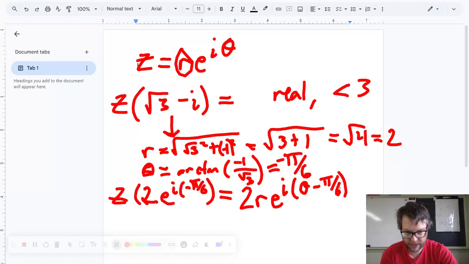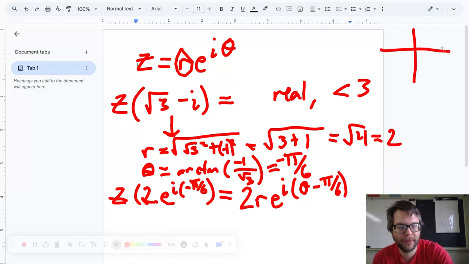And what we're asked to do is to end up with a real number that is less than 3. And so there's two possibilities for it to be a real number. Theta can be over here, where theta is equal to 0, or 2 pi. So I guess there's an infinite number of possibilities, but they're all kind of two possibilities. This is where theta would equal 0, or it can be over here where theta is 180 degrees, which is pi.